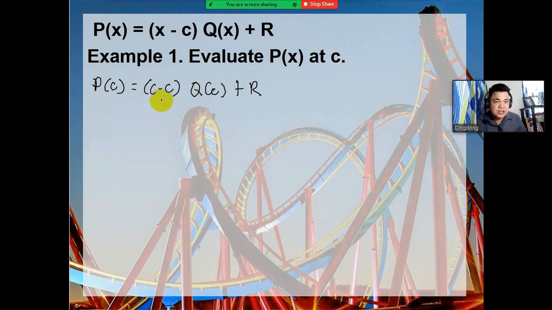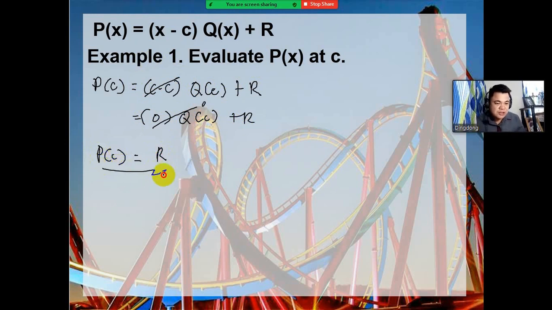Then the next thing is, let us simplify this using some algebraic techniques. c minus c is 0 times q of c plus r. Then 0 times q of c is also 0. So therefore, what will remain is r. We are able to prove now that p of c is equal to r. And that is the remainder theorem.